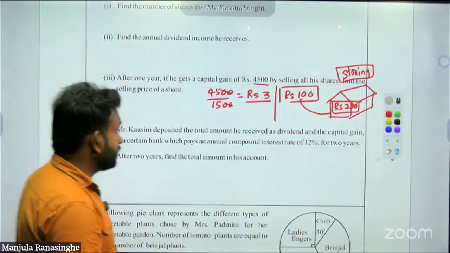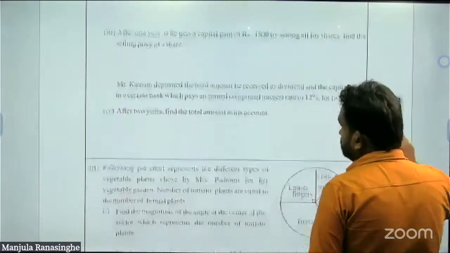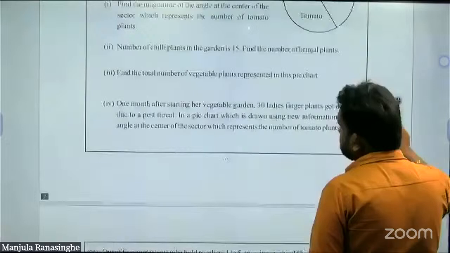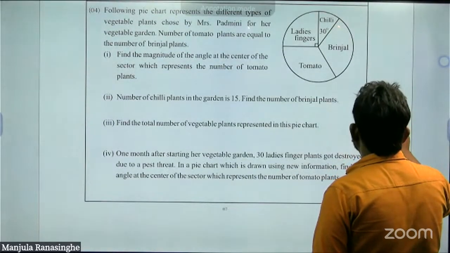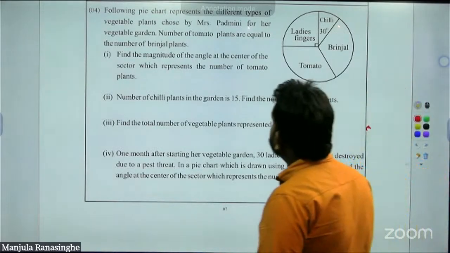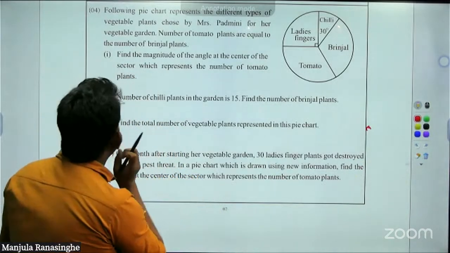Okay, right, now we are moving to the fourth one. Okay, right, now check here. Following pie charts show different types of vegetable plants used by Miss Padmini for her vegetable garden.